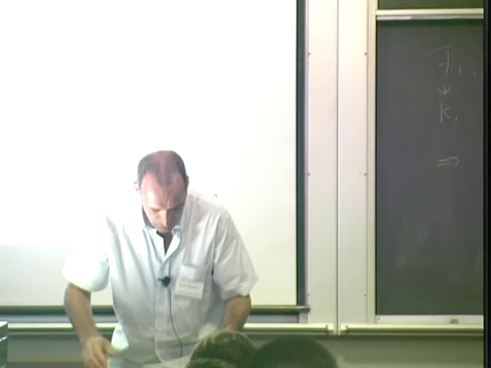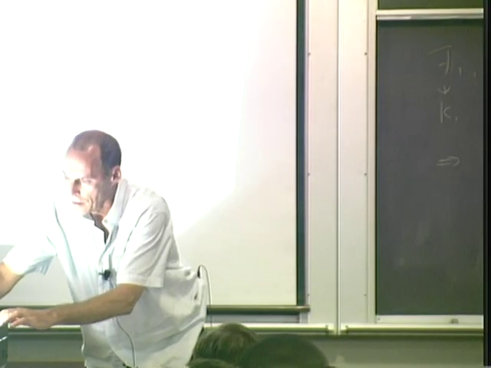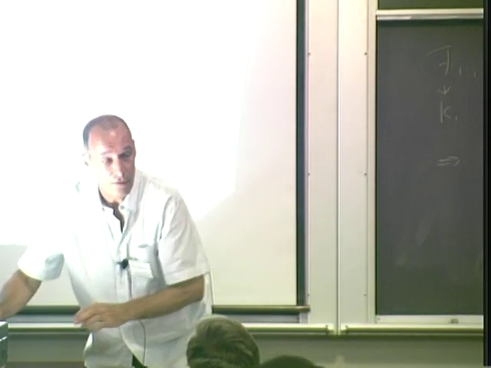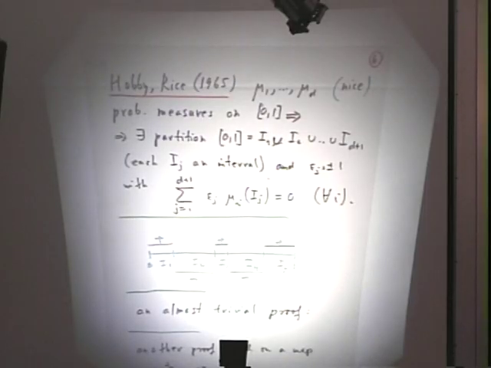Here is a nice theorem by Hobby and Rice from 1965. You have to assume that these measures are not too exotic; every measure can be approximated by a nice measure.